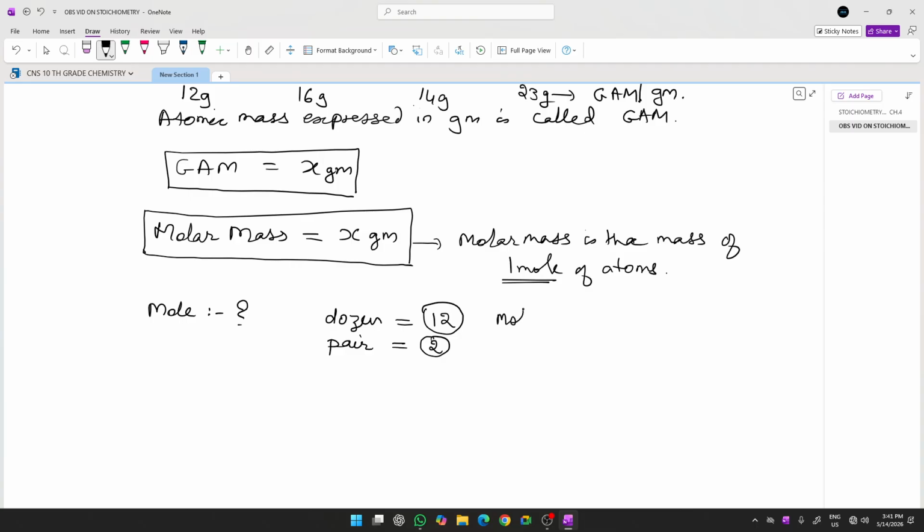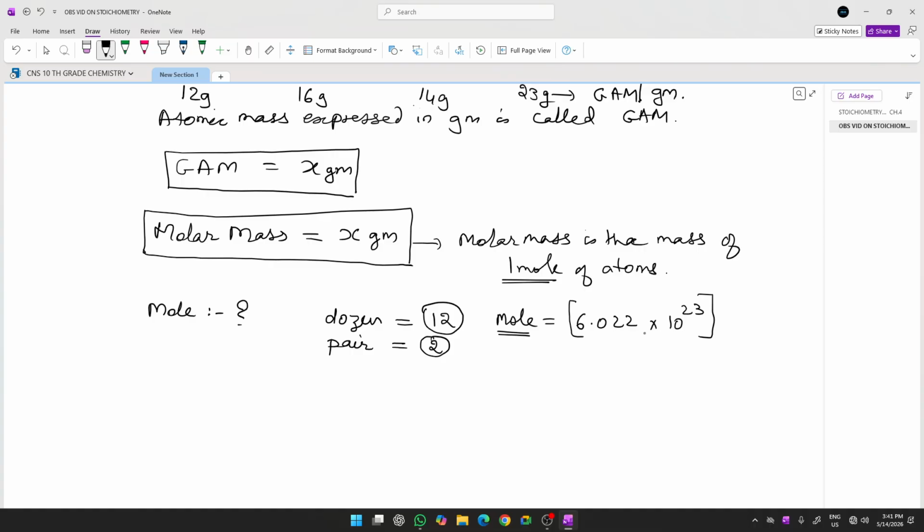way, mole is representing a bunch of 6.022 into 10 raised to 23. It's a huge number, right? 6.022 times 10 raised to 23 is a huge number. And this mole is used for very small particles like atoms, like molecules, like ions.